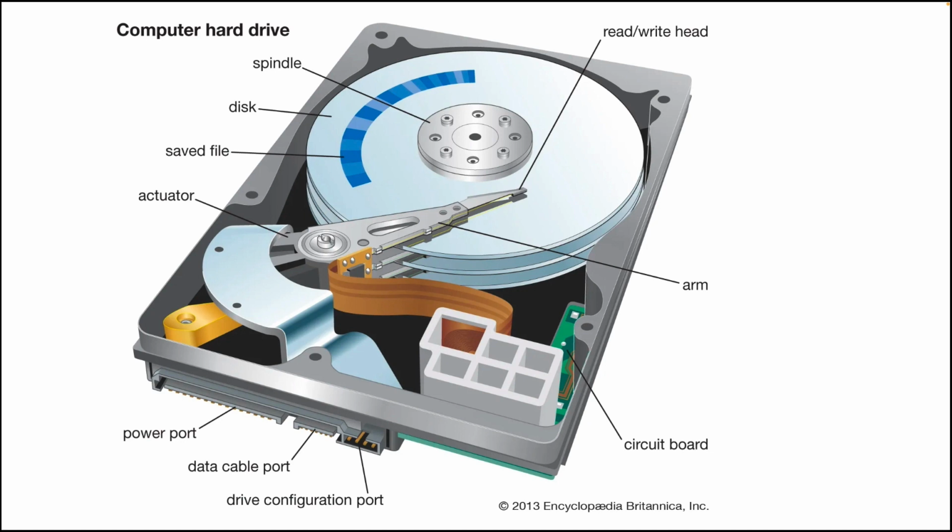Another thing about hard drive speeds is that the faster these disks spin, the faster your hard drive can read and write and download and upload information. So your performance is based off of how fast this disk can spin inside of your hard drive. So keep that in mind. They're measured in megabytes per second.